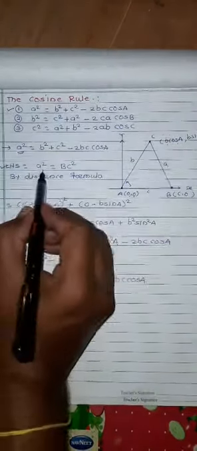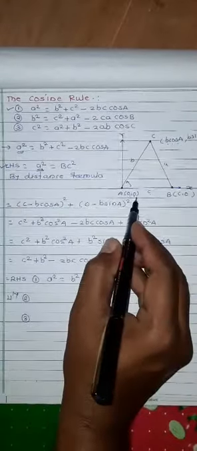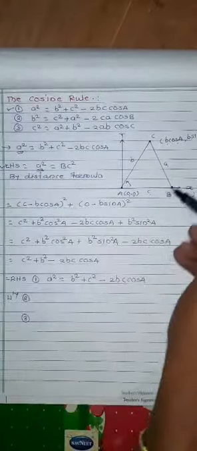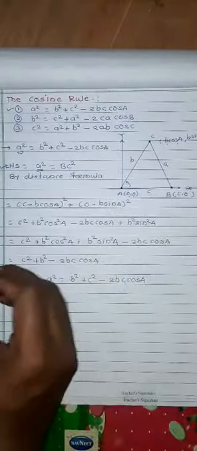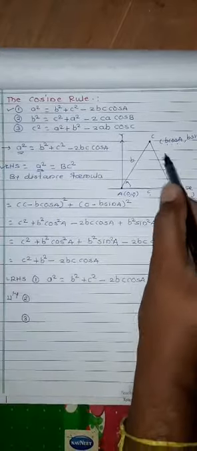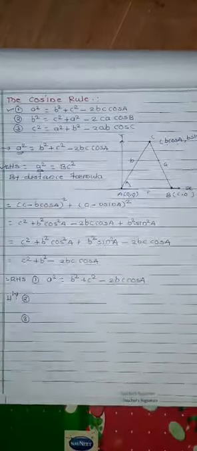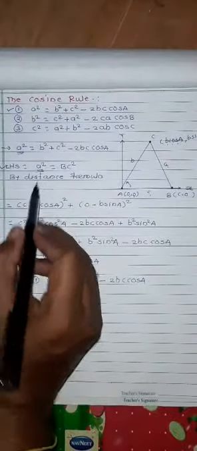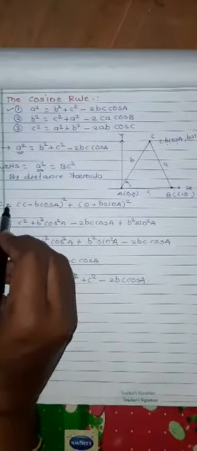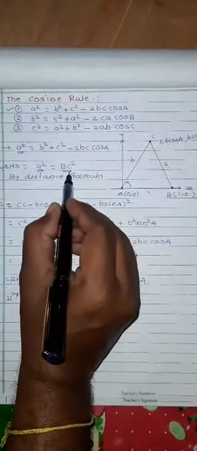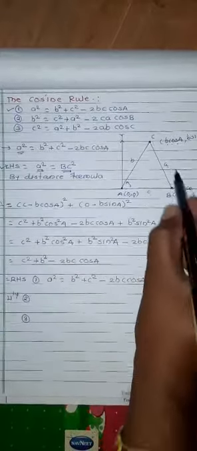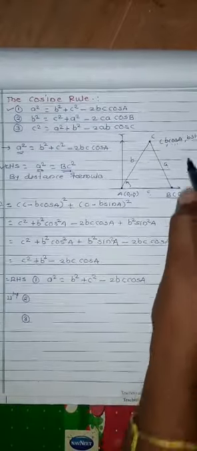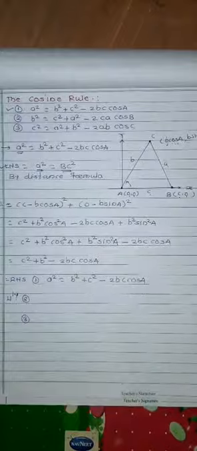Here a square is nothing but the square of BC. Suppose a square is equal to BC square, and use the distance formula for BC, which is equal to (c minus b cos A) square plus (0 minus b sin A) square here.